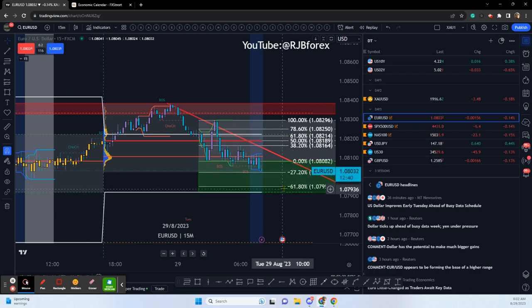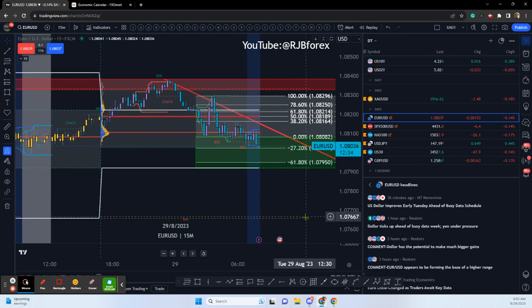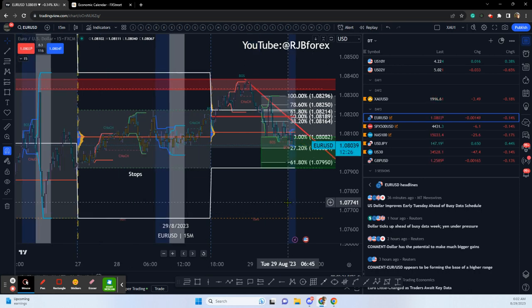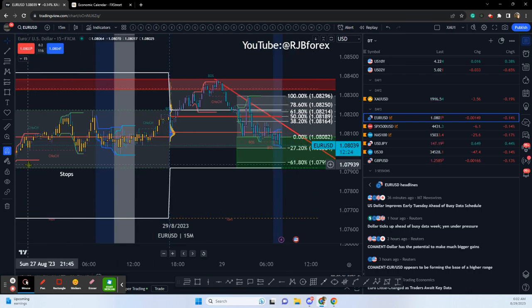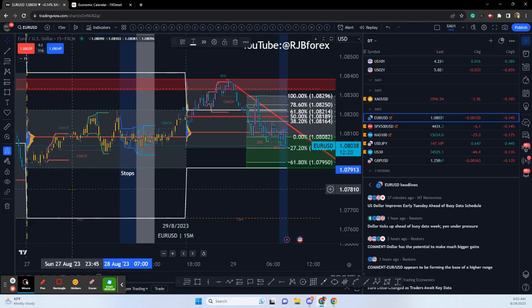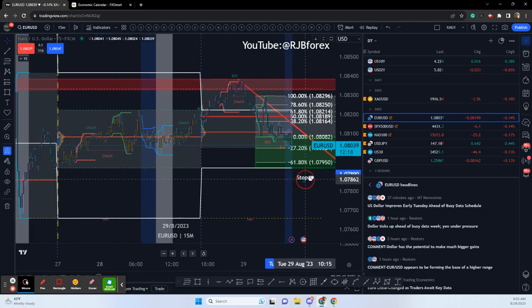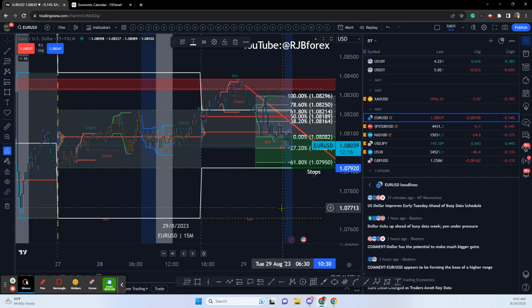And as I said, the break of yesterday's lows opens risk for a move into last week's lows in the 107.65s. Perhaps we're going to target these stops below yesterday's lows.